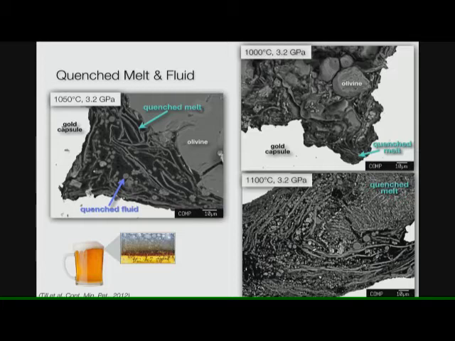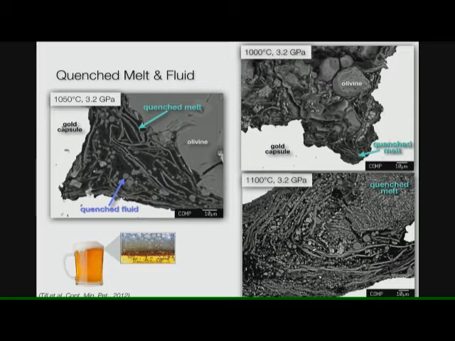Above what conditions can we stop telling the difference between a silicate melt with a lot of water dissolved in it and an aqueous fluid with a lot of solute silicate material dissolved in it? Those become one above a certain condition for a given compositional system. And there've been questions about where that second critical endpoint is for these peridotite water systems.